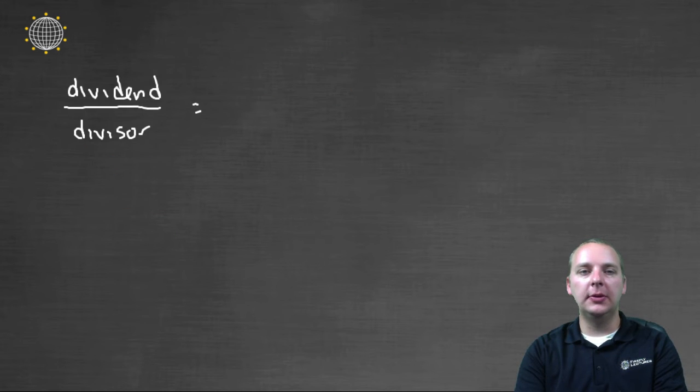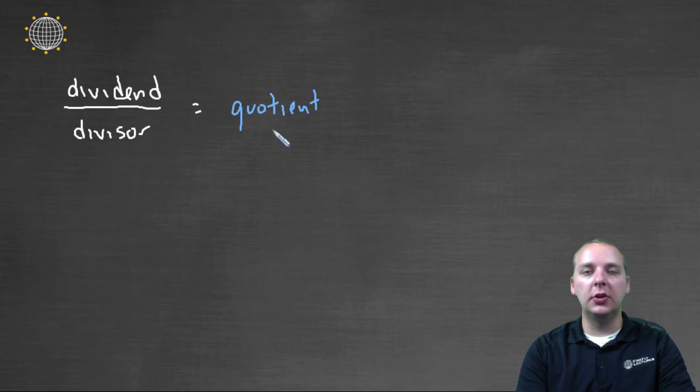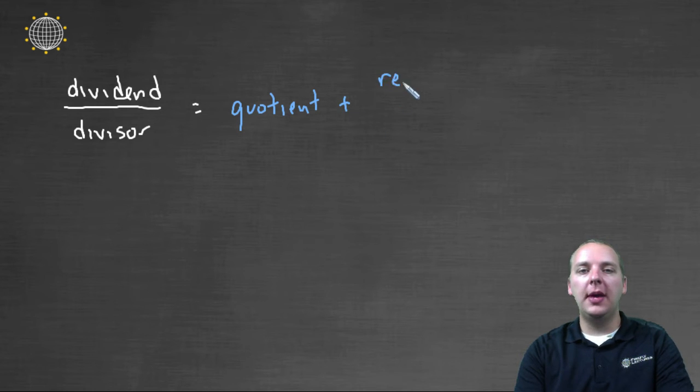So here's what we learned. If you have a dividend, a large polynomial divided by a divisor, then the majority of your answer, the meat of your answer, is going to be the quotient. And in fact, if there's no remainder, you're done. It's just the quotient. But if there happens to be a remainder, then you're going to put plus the remainder out of the divisor.